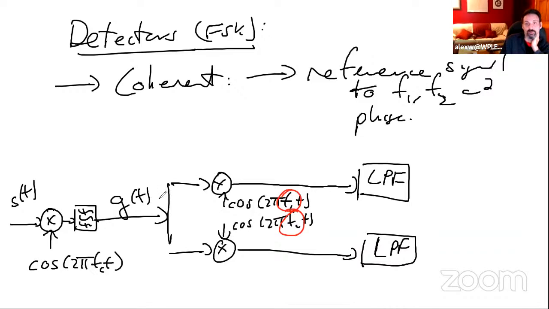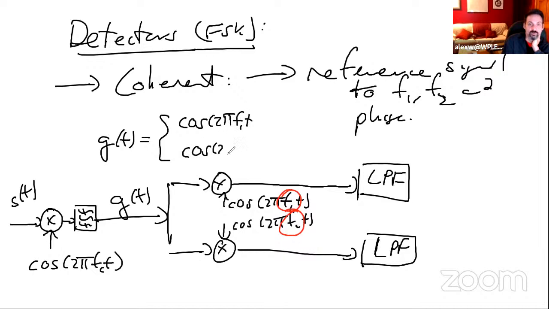So now what you want to do is run that. Let's say this was discontinuous FSK. What is g of t possibly being? Well, g of t can either be cos 2 pi F1 of t, or cos 2 pi F2 of t.